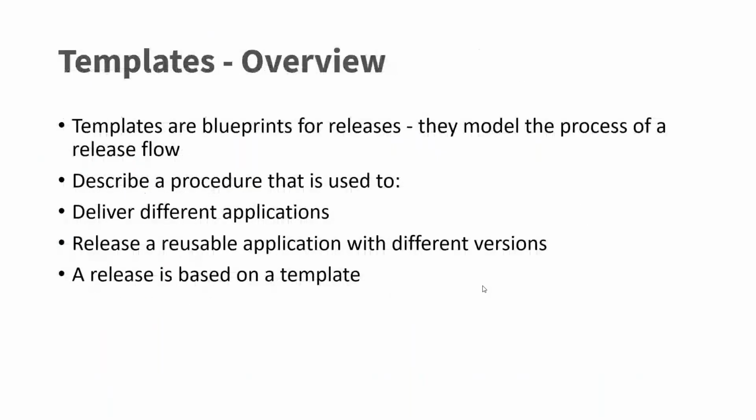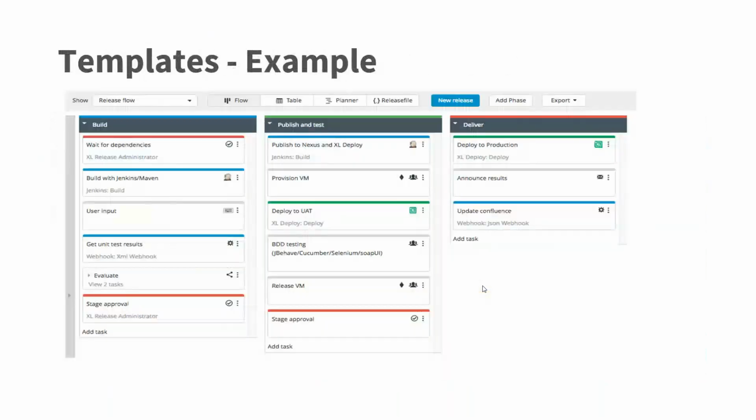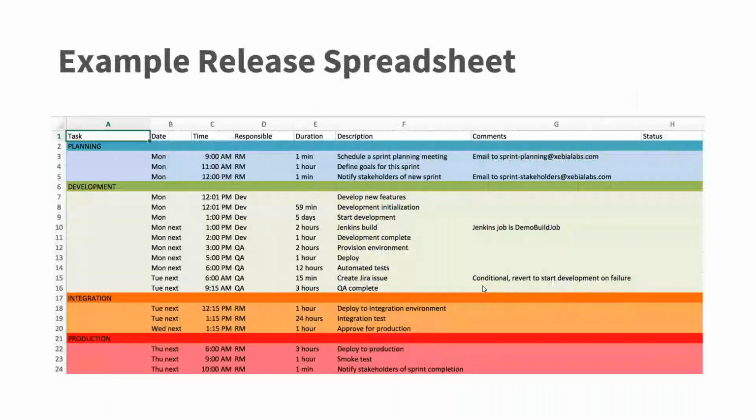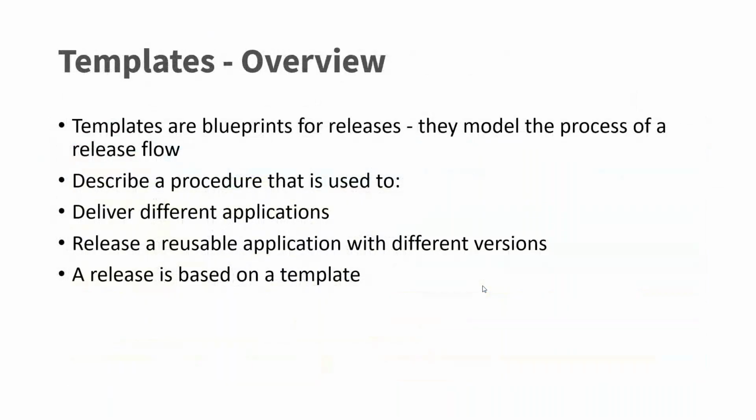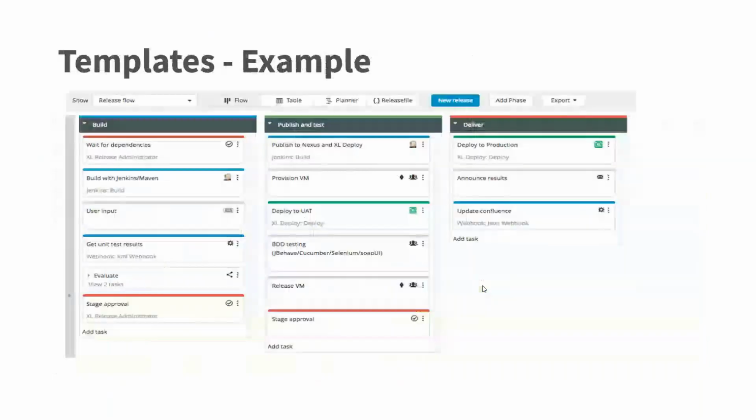Okay, so these are some of the things which we have. This is the old image for the older version, but well, let's just look at the template. If you're a release manager, you used to do this earlier in an Excel sheet. Now you have this. That's the difference. You don't have to do it through an Excel sheet.